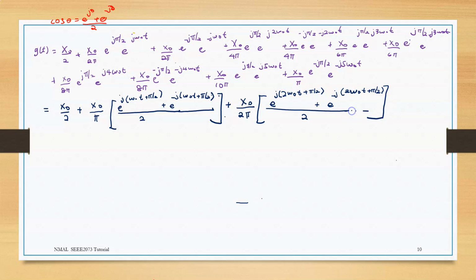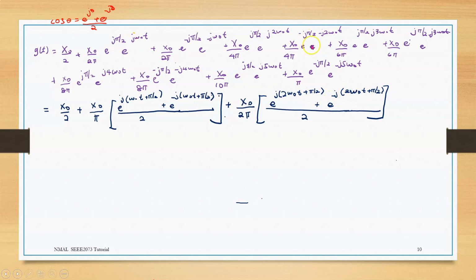Okay, so notice that in order for you to match with Euler's theorem here, inside the bracket must be the same. In terms of positive and negative, you cannot put something like negative j, 2 omega naught t minus pi over 2, because otherwise it will not be the same as this one. So you have to make sure that whatever is inside the bracket is the same, because it is basically theta. That is why in the first place, before this, I changed the negative part here.